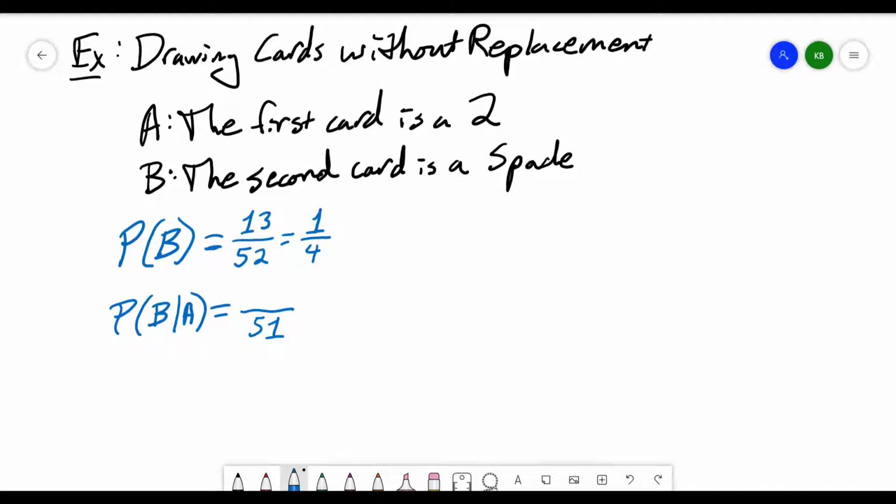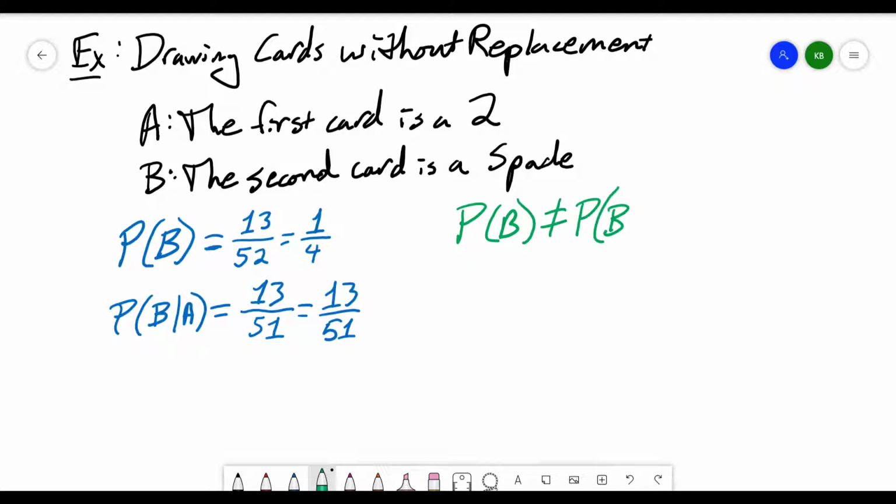And since it was a 2 of clubs, there are still 13 spades. So now I have a 13 out of 51 chance of drawing a spade. So notice now I have the probability of B is not equal to the probability of B given A.